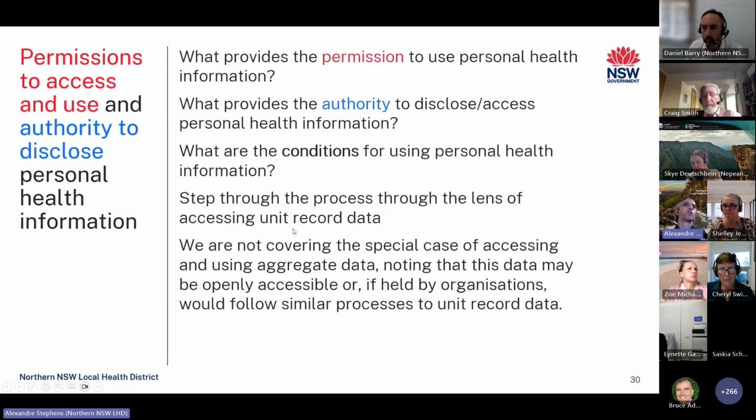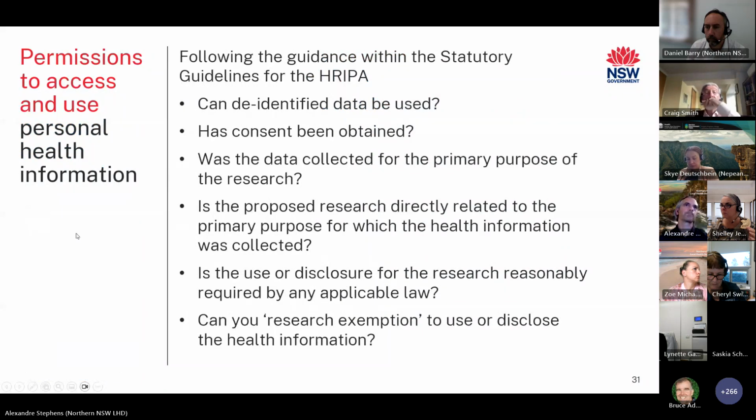We're going to do it through the lens of unit record data, and we're not really covering off on the special case of accessing aggregate data, because often that's publicly available or open access, or if it's not, it really does mirror the processes that we're going to talk about for accessing unit record data.